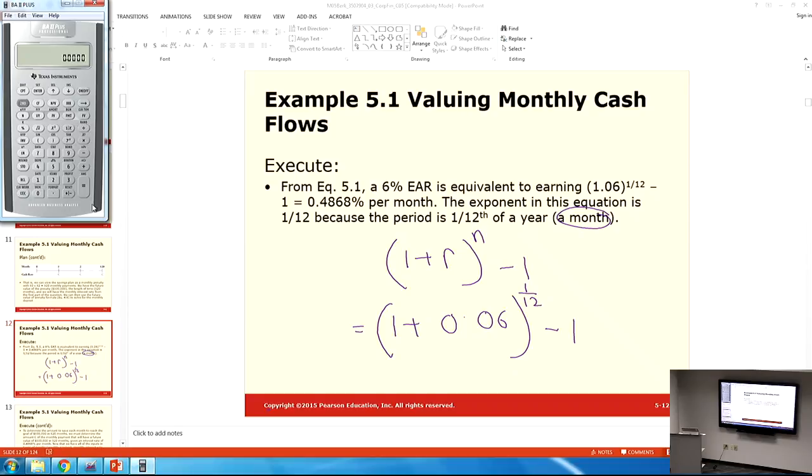You have to first calculate 1 over 12 separately. So 1 divided by 12 is 0.0833, and then you get 1.06, y to the power x, 0.0833, and that would be 1.0049, and then you will subtract 1 from it. So that would give you 1.0049 minus 1.